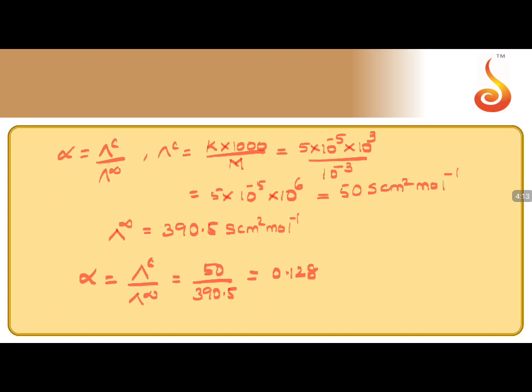Now we are going to use this alpha to find Ka. Ka is equal to C alpha square. Substituting, the concentration is 10 power minus 3 into alpha square, 0.128 whole square. You will be getting an answer approximately 16 or 17 into 10 power minus 6.